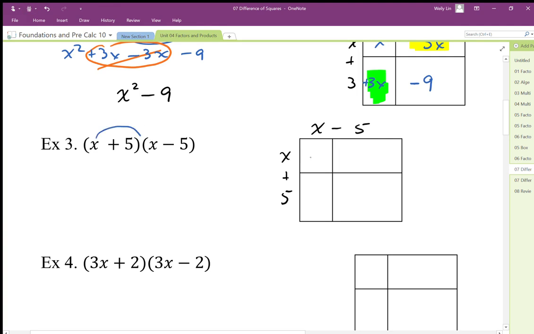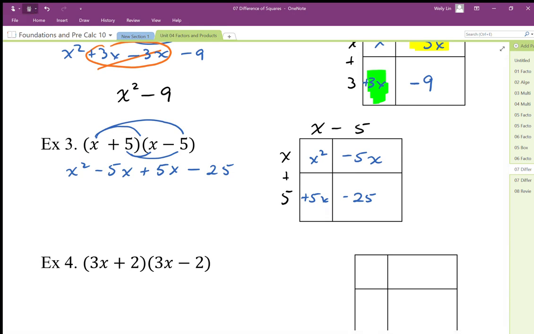So we're going to multiply x times x, x squared, times negative 5, so negative 5x. 5 times x is positive 5x, so that's our positive 5x down here, and then we have 5 times 5, so it gives us our negative square. So here again we have our pairs that cancel out. There's our 0 pairs.